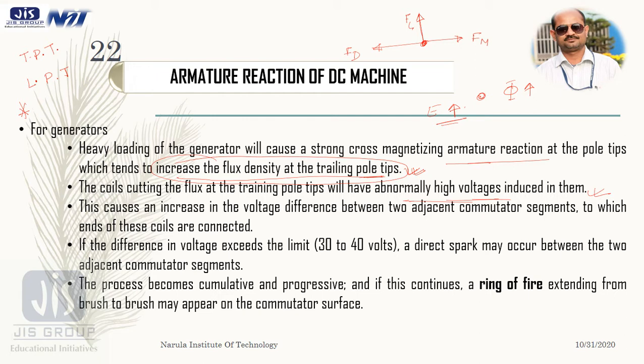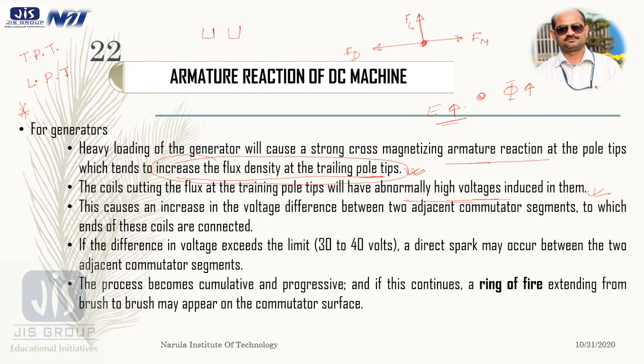And again, for this difference in voltage, sparking may occur between the two adjacent commutator segments, and this process is cumulative and progressive. If it continues, a ring of fire extending from brush to brush may appear on the commutator segment.